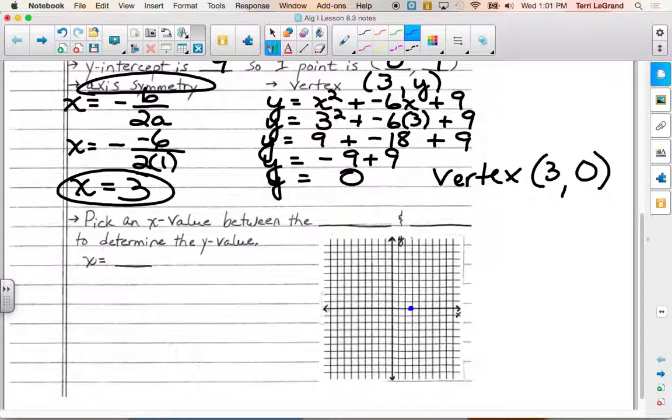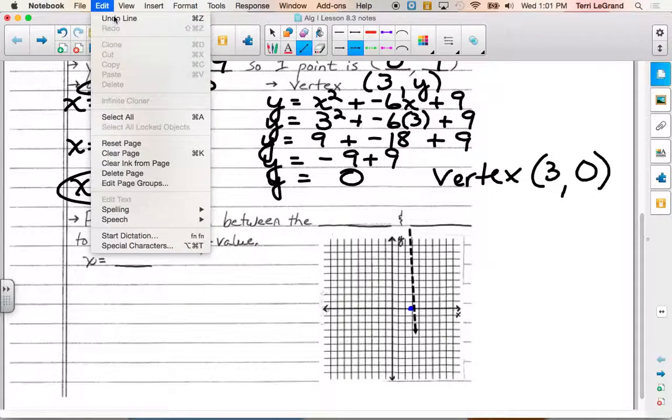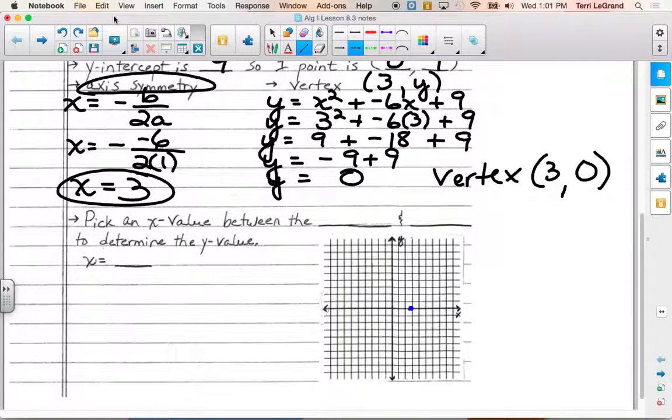Draw a dashed vertical line through that point before you graph any other points. So we have a dashed vertical line going through. I've got to redo mine. Right there.